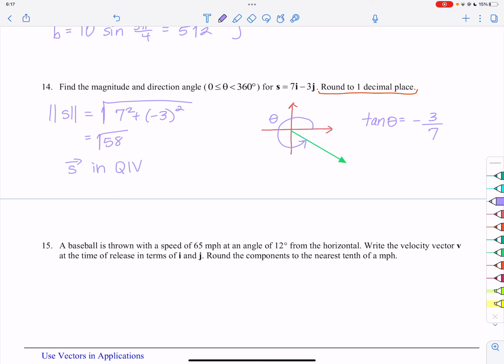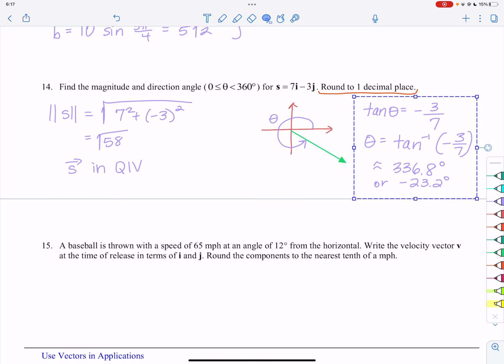So if we take the inverse tangent of both sides, we should come up with about 336.8 degrees, or we could have a negative 23.2 degrees. And you can see that here also.